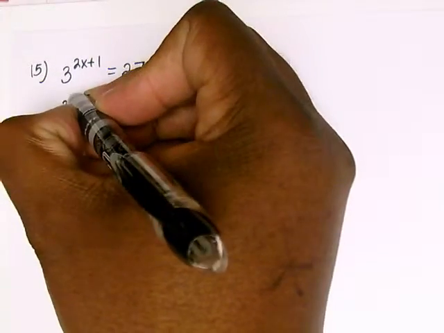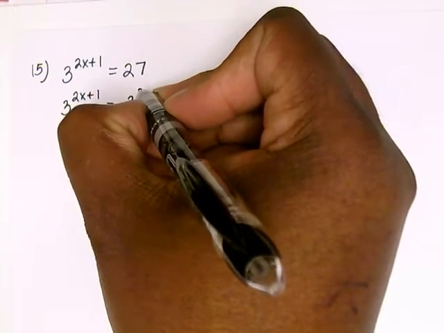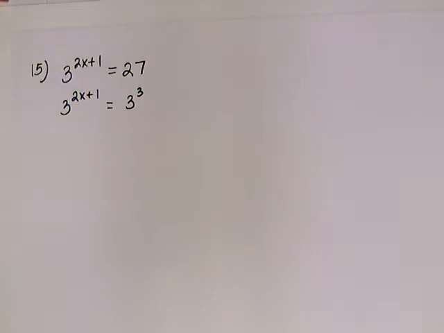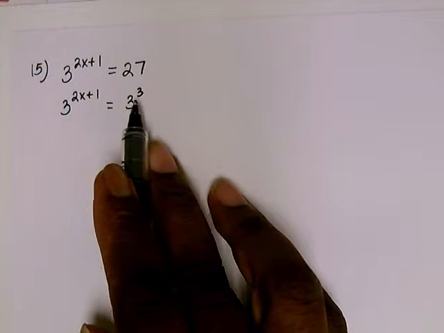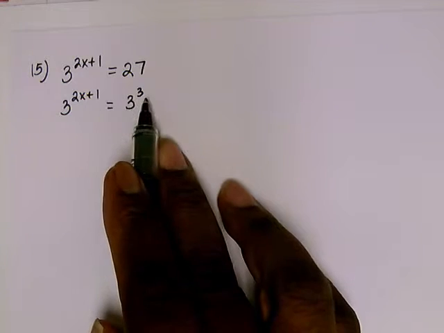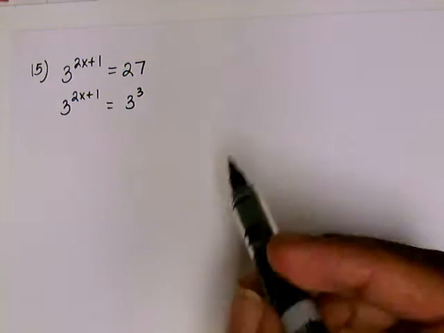So, if I write 3 to the 2x plus 1, that's going to be equal to 3 to the third, because 3 times 3 times 3 does give you 27. Now, the bases are the same. I can go ahead and set these exponents equal to each other. So that means I can set that 2x plus 1 equal to 3.